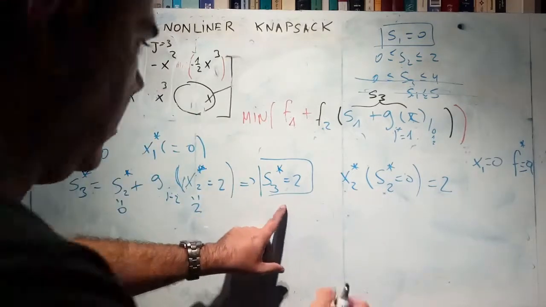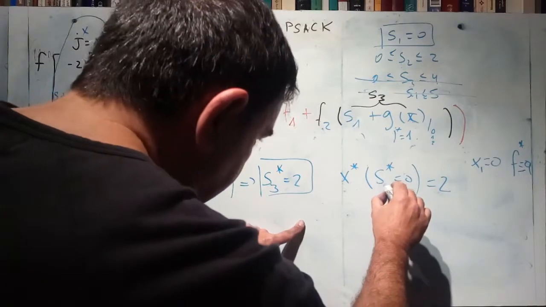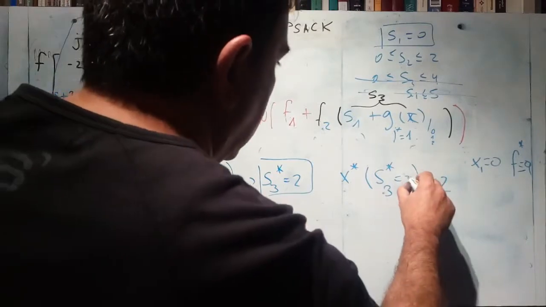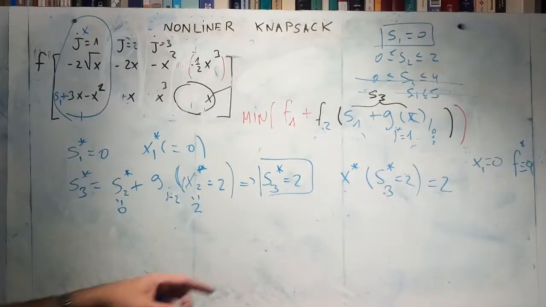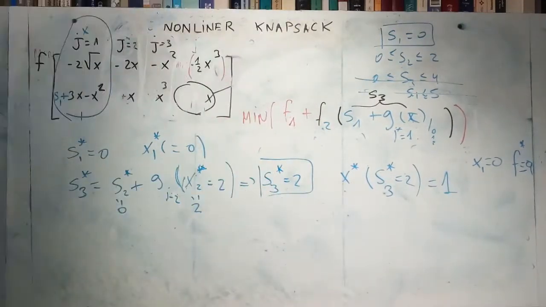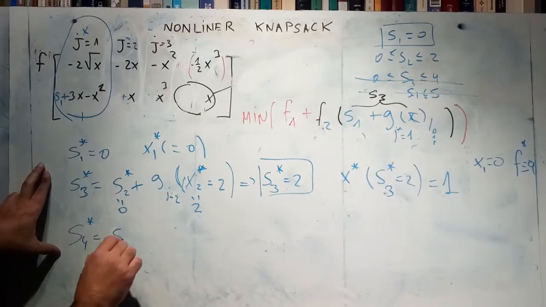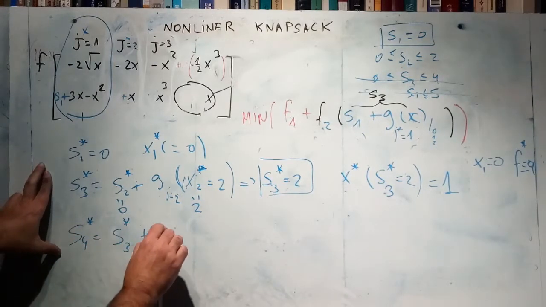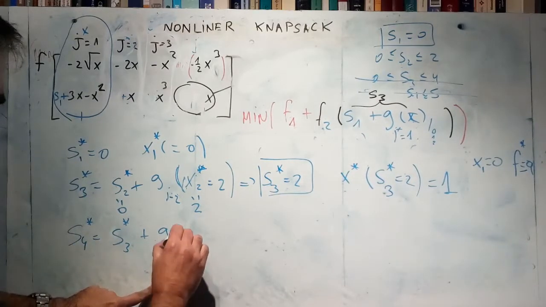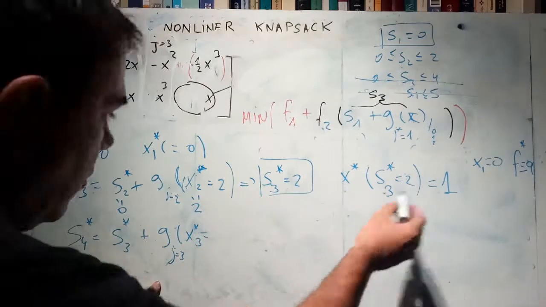And now backtracking in the third stage for S3 star being 2, looking at the tables, we will see that the optimal value was 1. And now the last, S4 star is going to be S3 star plus g of j being 3 of x3 star being 1.